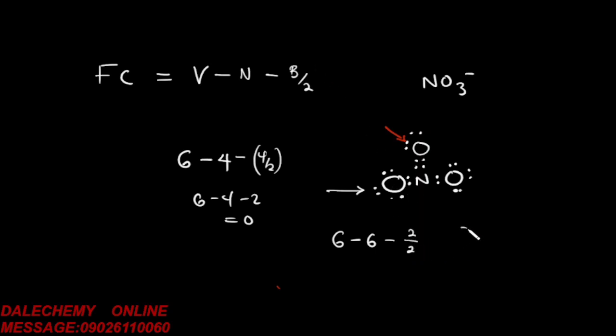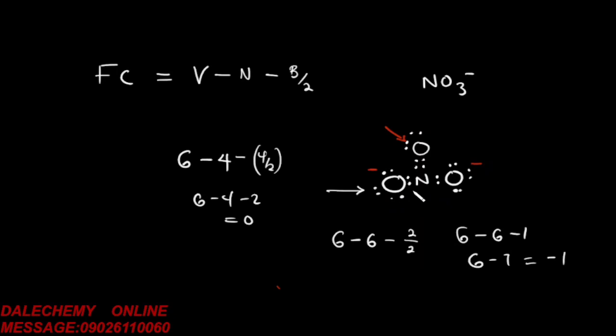So when you find the formal charge, it will be 6 minus 7, which is minus 1. So in this structure, they will put a minus here, which is minus 1 for oxygen, because it has a formal charge of minus 1. The minus that you see here is the formal charge of that oxygen, and equally this one too we have a formal charge of minus 1.